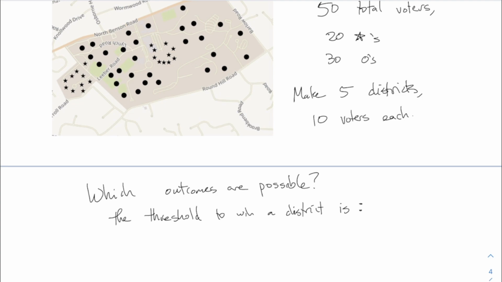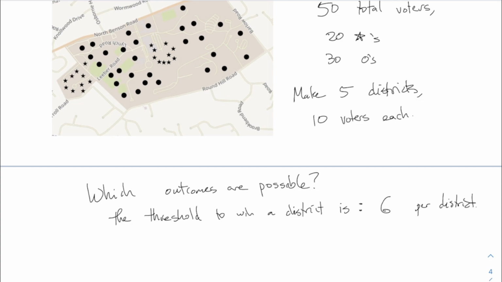Each district has 10 voters. I said that right here. So how many do you need to win per district? We need 6. The answer is 6, yeah. 5 inside of each district would be a tie, but to win you need 6. So the threshold to win a district is 6 per district. And this will allow you to decide what are the possible outcomes.